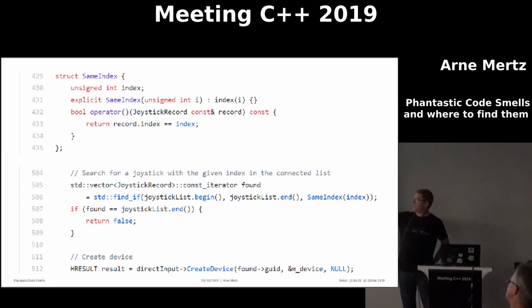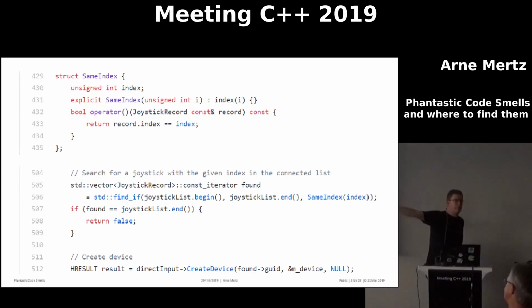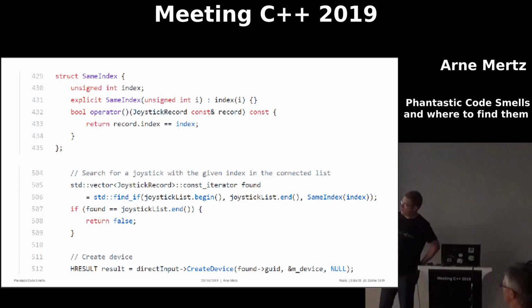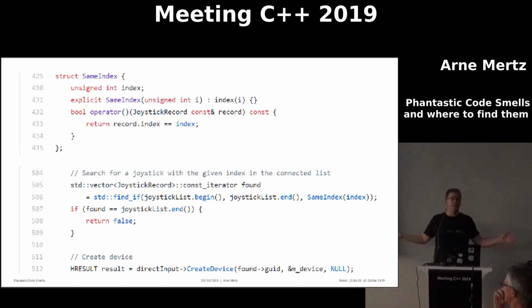And I take an instance of this one and put it into findIf. FindIf will return me an iterator pointing to the object that has the same index or to the end of my collection. And then here I did the one I said earlier, the early return. If I didn't find the joystick with the same index, then just return false.